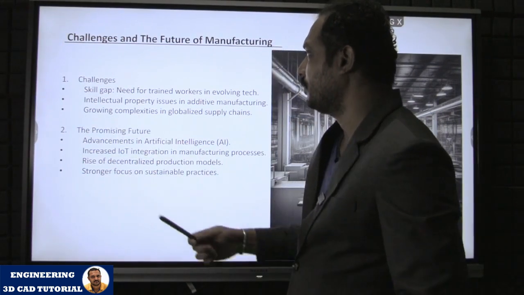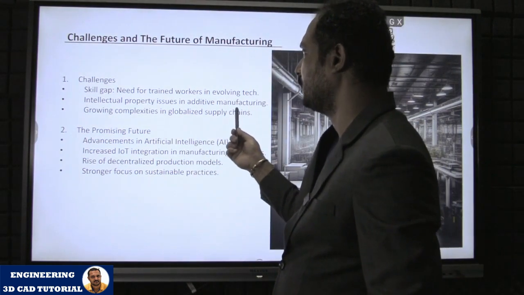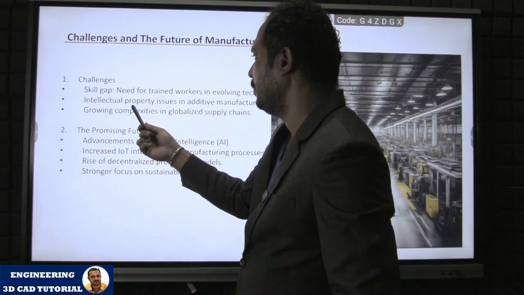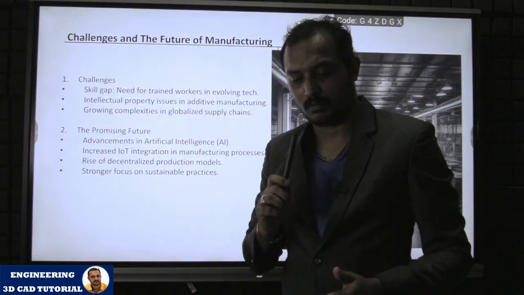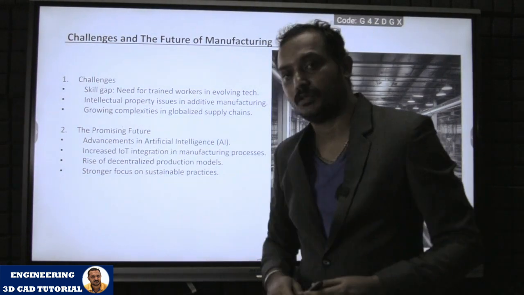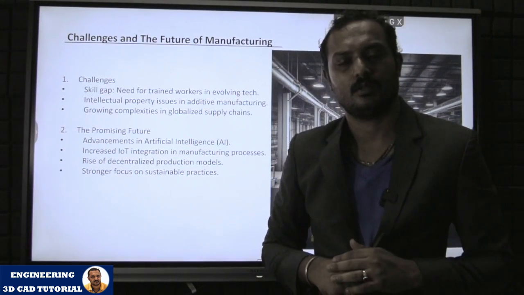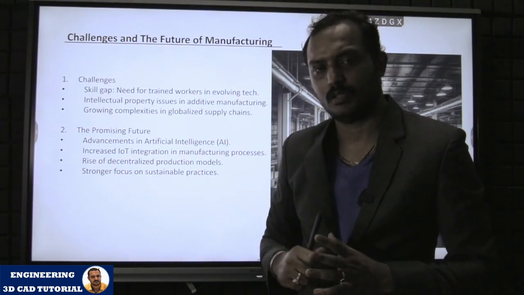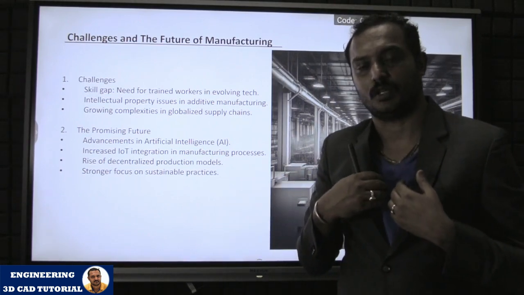Next, intellectual property issues in additive manufacturing. When it comes to industry, the intellectual property issue means someone invents something, and the industry will say this only belongs to me.